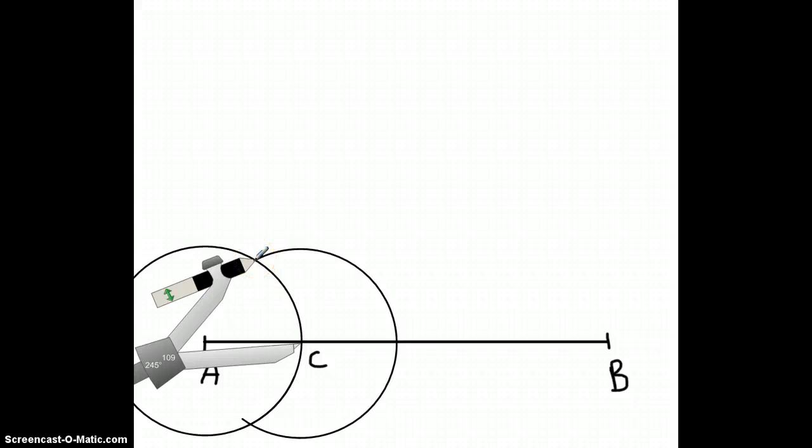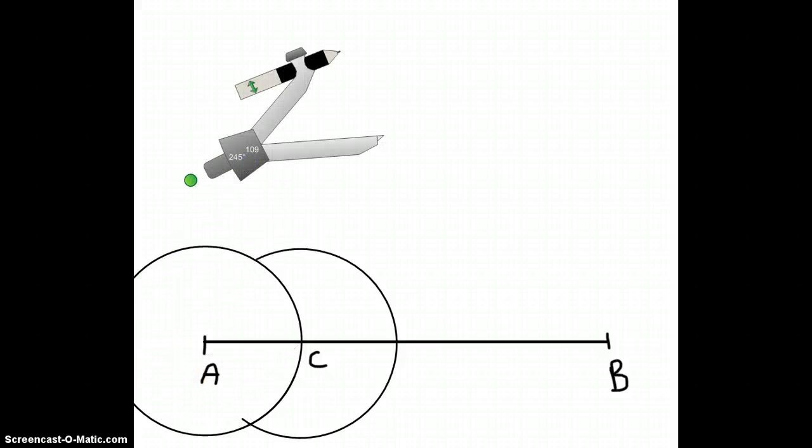Therefore, this point where this crosses, and I'm just going to draw that in, that point is actually going to create an isosceles triangle, and let's label this point D, where AD and CD are the exact same length.